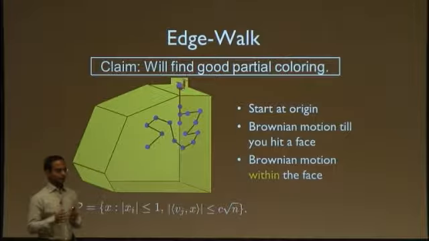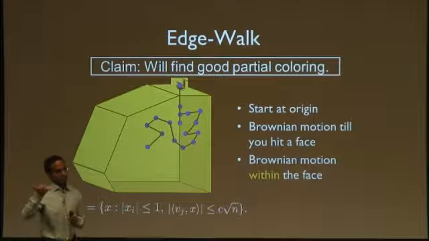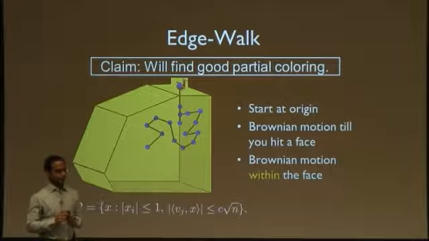But this final point is also likely to be fractional? Most of the coordinates will be integral, except some coordinates. Half the coordinates will be integral, half will be fractional, and we will then recurse on the fractional coordinates as before. So half the coordinates will be integral. That's what we want to show.